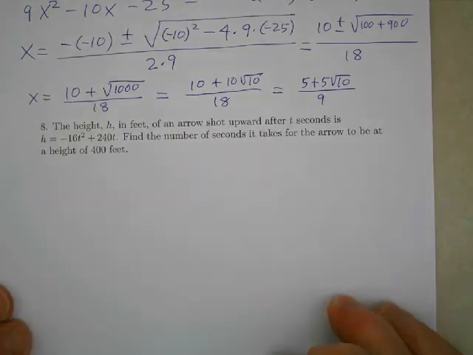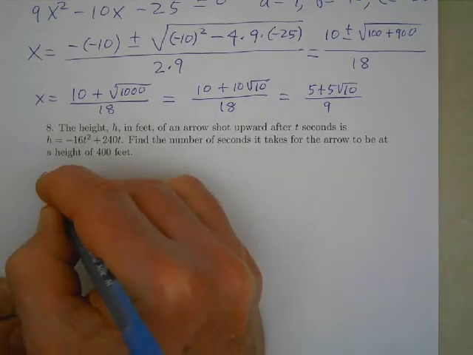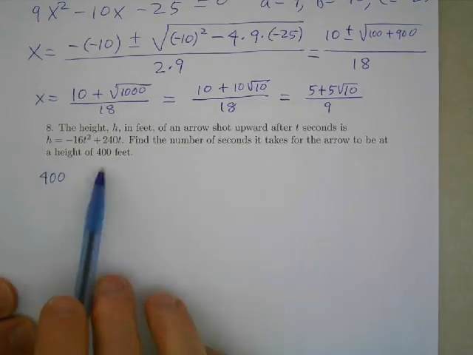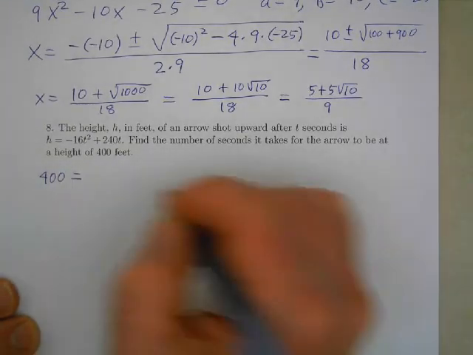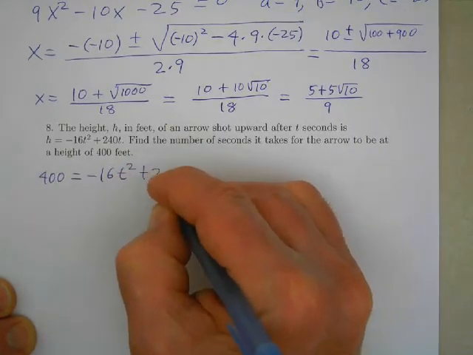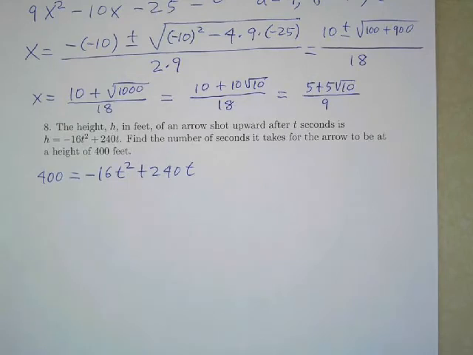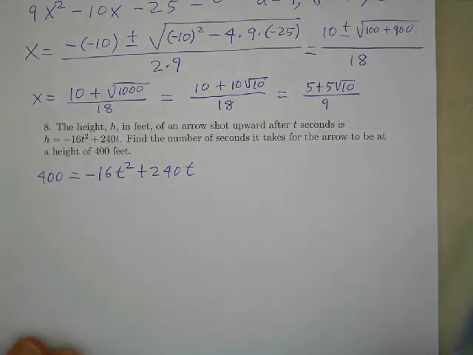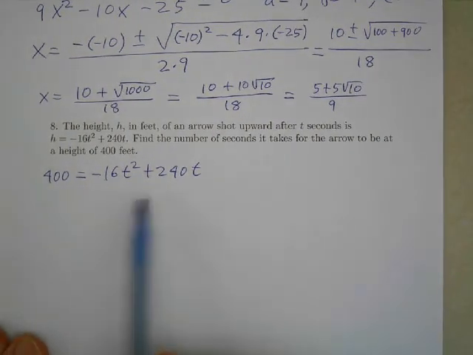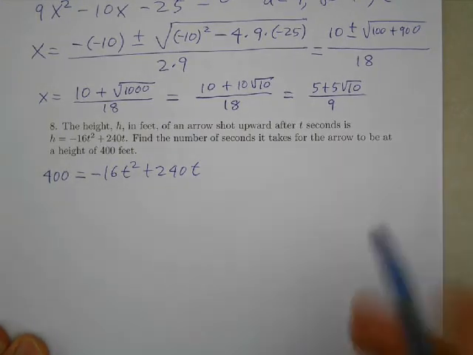Okay, so what we do on this one, we replace h with 400 because the height of the arrow at some point in the trajectory is 400, and set 400 equal to negative 16t to the second plus 240t. So we get another quadratic equation, this time in the variable t. So what I'll do is I'll add 16t to the second to both sides and subtract 240t from both sides.